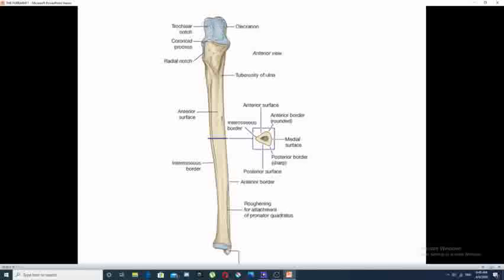In front of this process, below, a depression called the trochlear notch. And here, the trochlear notch represents the upper articular facet of the ulna, which will articulate with the trochlea of the humerus at the elbow joint.